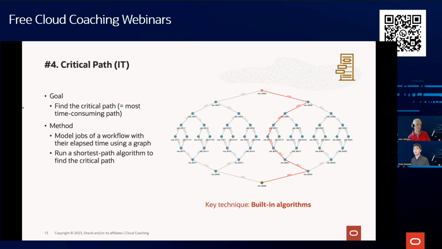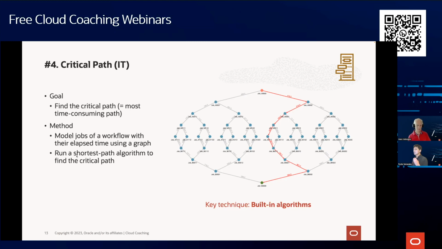So for that, we can model jobs of the workflow with their elapsed time from log information using a graph, and then run a shortest path algorithm to find the critical path.